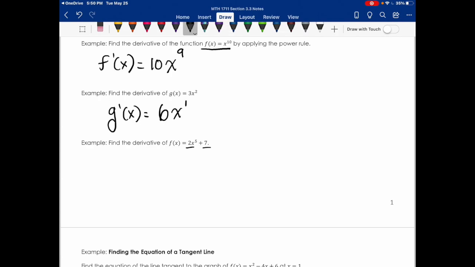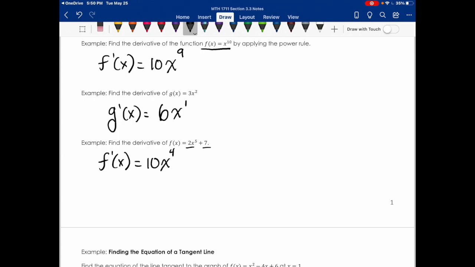Now the next example, we have more than one term. You can combine the rules and take the derivative of each term separately if each term is differentiable. So in this case it is. We know that constants are differentiable, and we have 2x to the 5th. We can use the power rule on that. So if I wanted to take the derivative of f, I just take the derivative of each term separately.